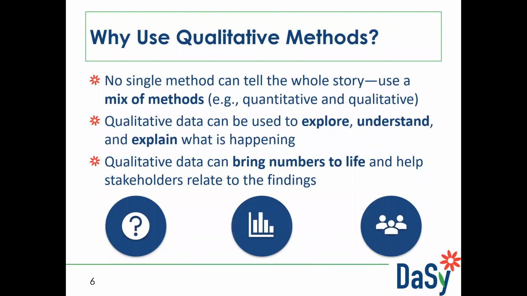As I mentioned, qualitative data can be used to explore, understand, and explain what is happening, so that's a great reason. And then qualitative data can bring numbers to life through vignettes, quotes, stories, and oftentimes this helps stakeholders relate to the findings in a better way.